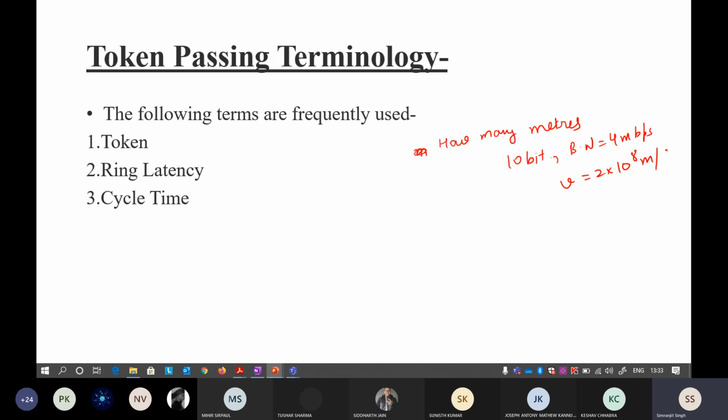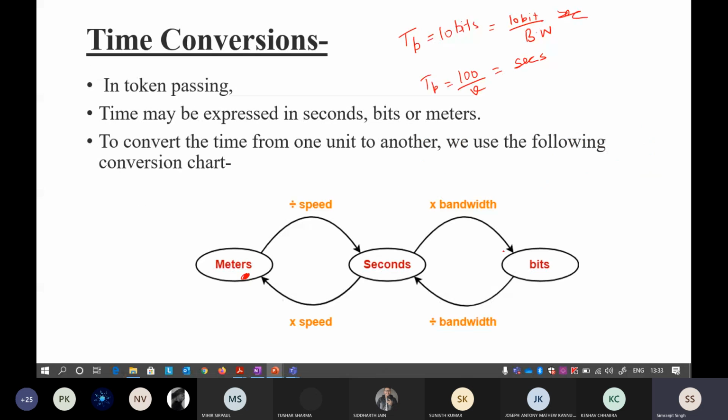Because the bit time is to be converted into meters, first you have to convert the bit into seconds and then convert it to meters. Bit into second is divided by bandwidth, and for second into meter you have to multiply it by speed.